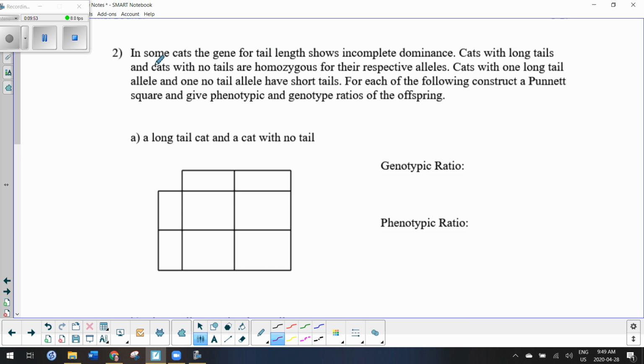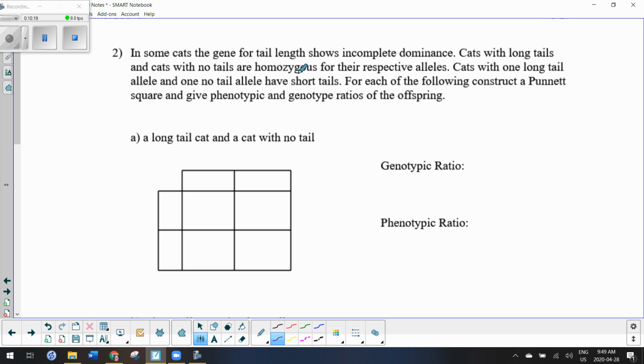So in some cats, the gene for tail length shows incomplete dominance. Cats with long tails and cats with no tails are homozygous for their respective alleles. So that's telling you that long tail has to be two of the same allele.